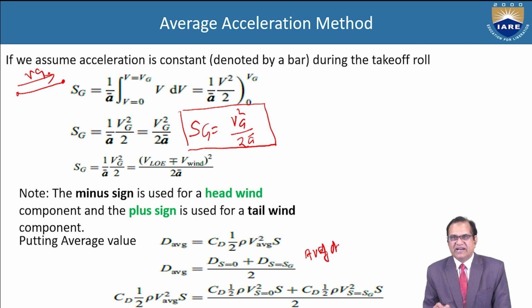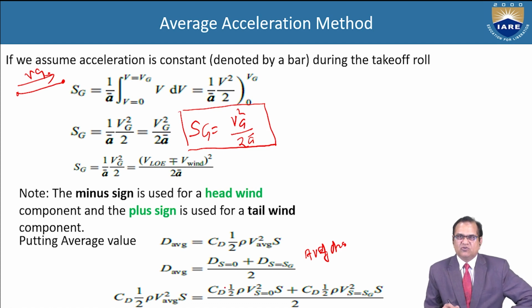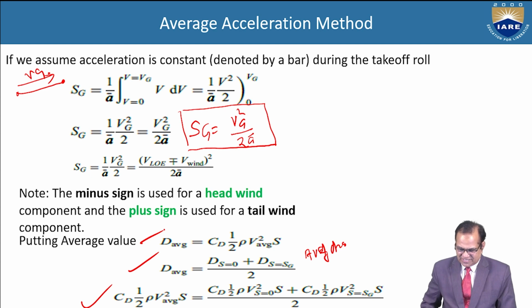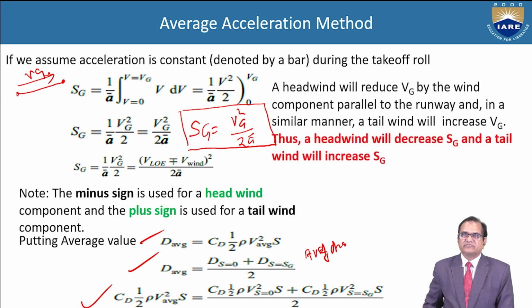And this we can write as CD half rho V square average drag velocity is equal to CD half rho V square S plus CD half rho V square S at Sg by 2. So these are the drag calculation equations by which we can find the drag of the aircraft.